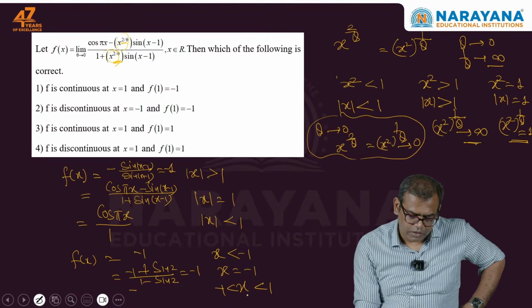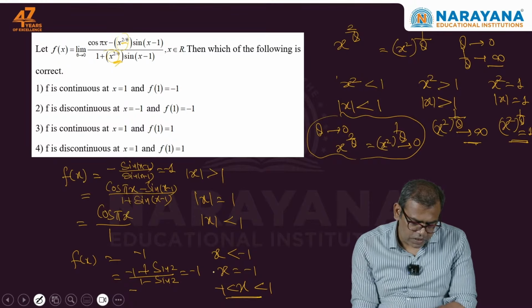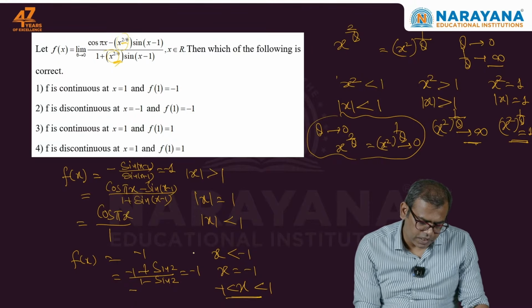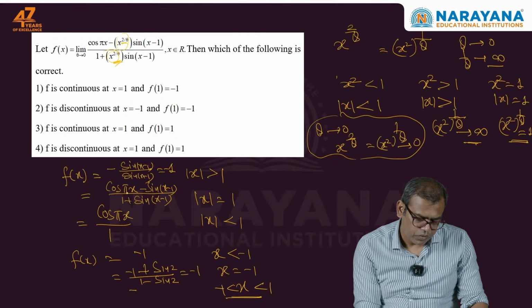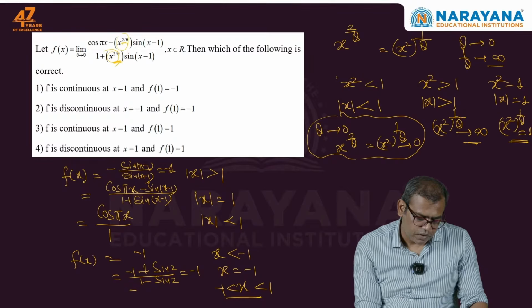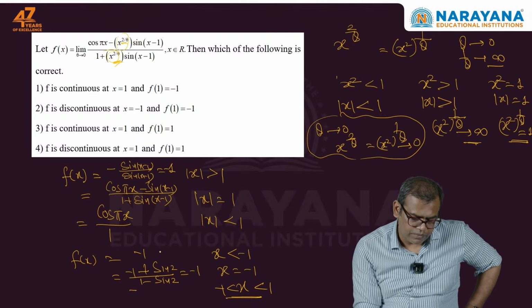Just check what will come: x is exactly minus 1, so this will fall in this case, exactly minus 1, then minus 1 minus is plus 2, and cos of minus 1, so minus 1 and minus 1 is 2.